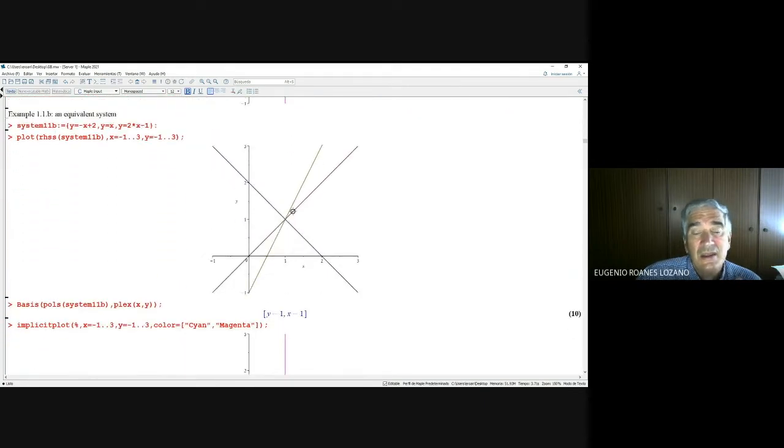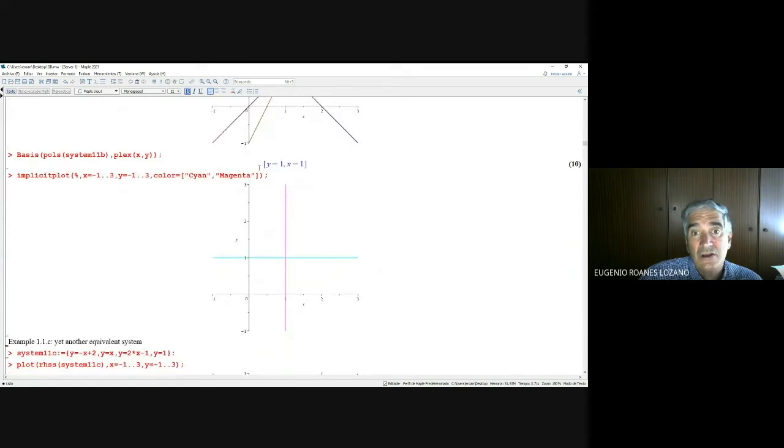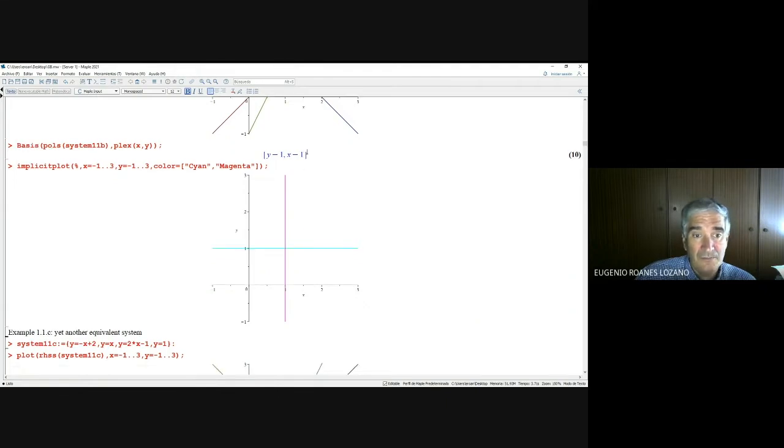The system can be equivalent to another system with more equations. In this case, a third equation is considered that doesn't add any extra condition to the solutions, that has the same solutions. And what the Gröbner basis does, of course, is to give what an algebraist calls another basis of the ideal generated by those polynomials, that is, to describe it in a simpler way, the same way as before.